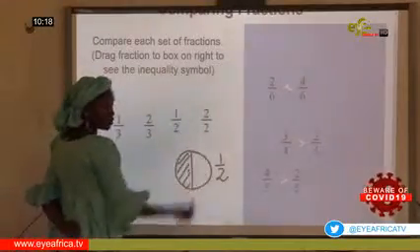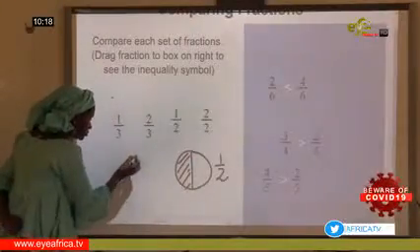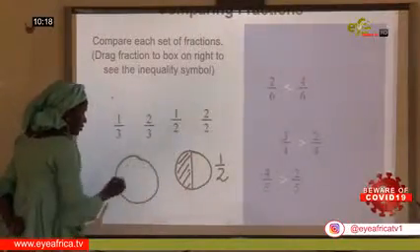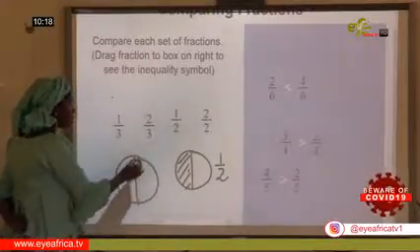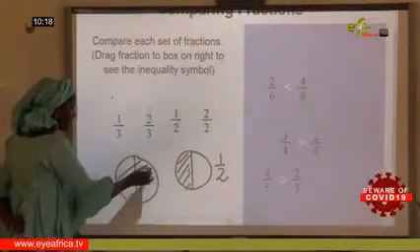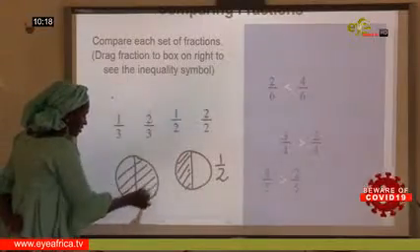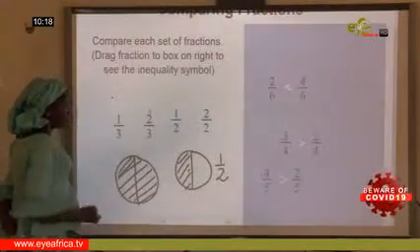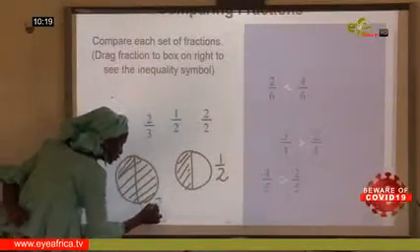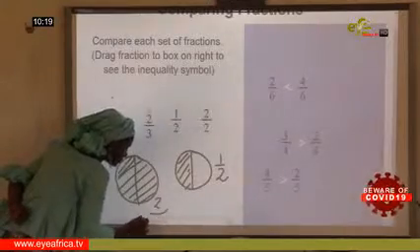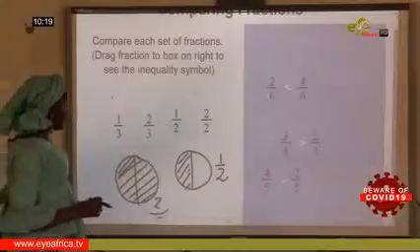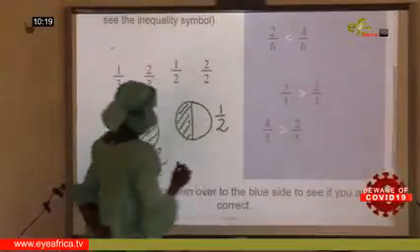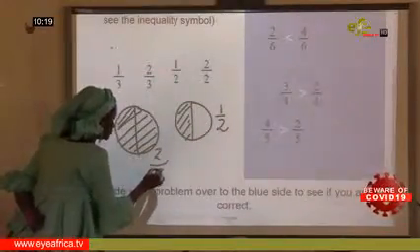And this is also a whole, which is divided into 2, but the whole is shaded, which is 2/2.